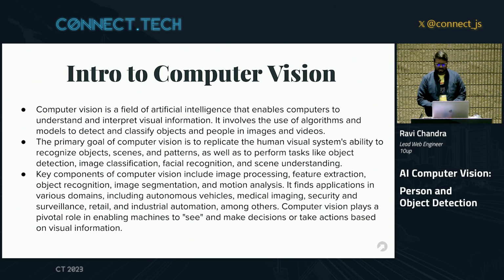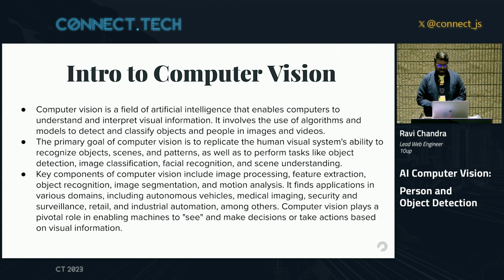The primary goal is to replicate how our visual system works as humans. How do we see objects? How do we see things? How do we perceive them? How do we identify them? It's pretty widely used for object detection, image classification, facial recognition, and so on.